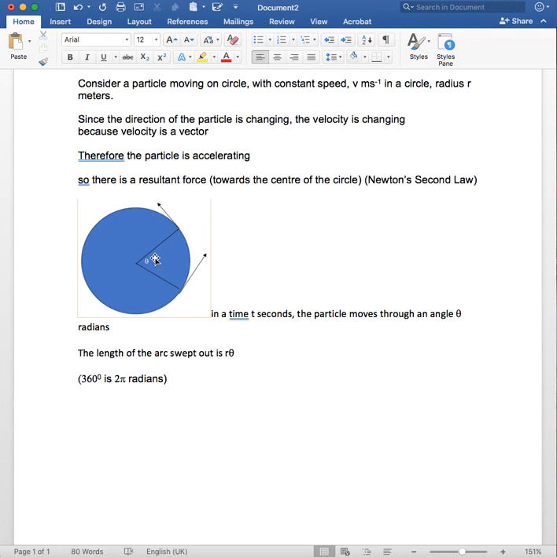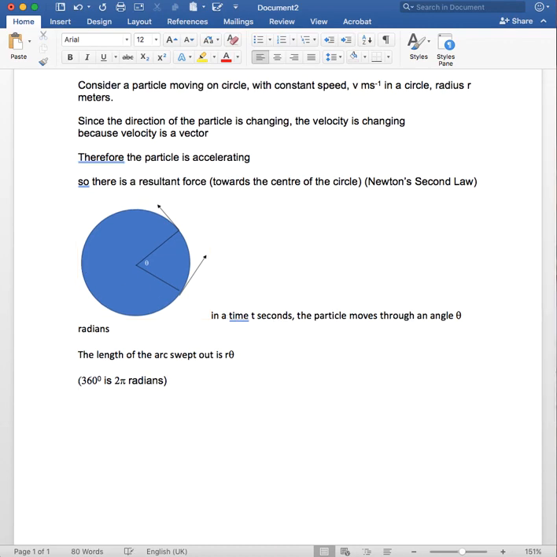Now, if you think about it, the circumference of the circle is 2 pi r, you know that, 2 pi being the number of radians in one circle. So if it was half a circle, it would be pi r, because the angle swept out going from here to here is pi radians. So you see the connection between your circumference is 2 pi r and your arc length is r theta, I hope.